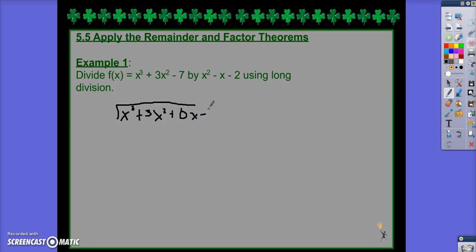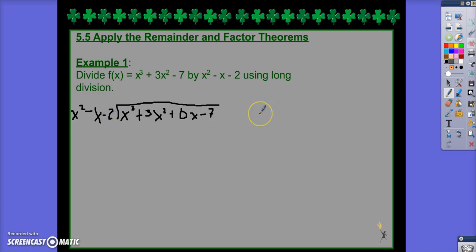Just like synthetic substitution, we want some placeholders here. Then minus 7. All right. Now, what we divide by goes out front, x squared minus x minus 2.